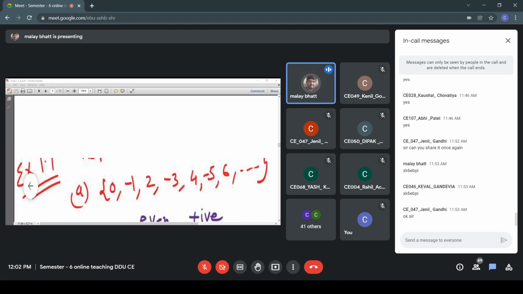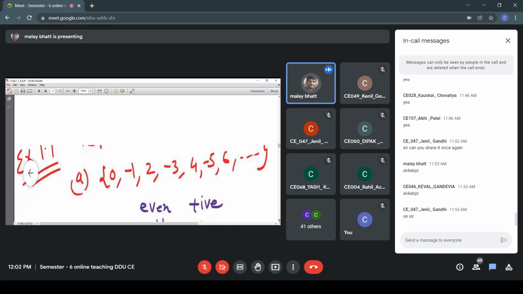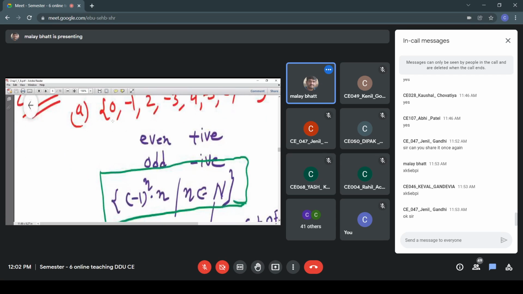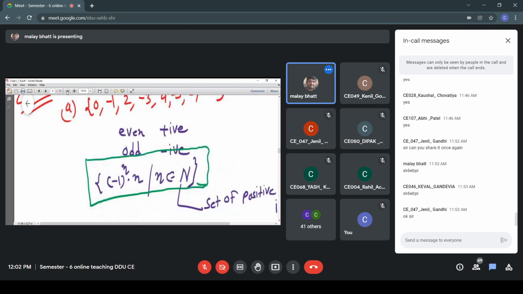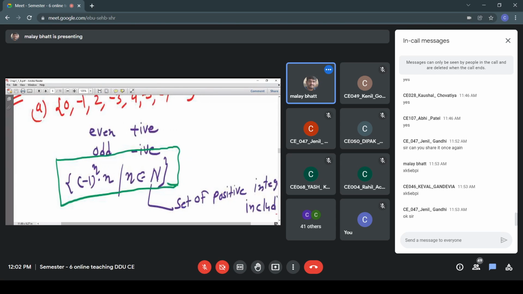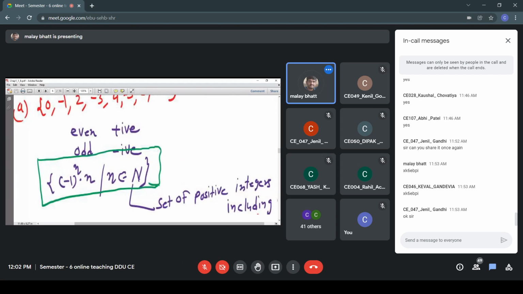To represent this set, the main thing you have to understand is how you solve the different exercises. We represent it as (-1)^n times n, where n belongs to capital N, and it is a set of non-negative integers including 0.